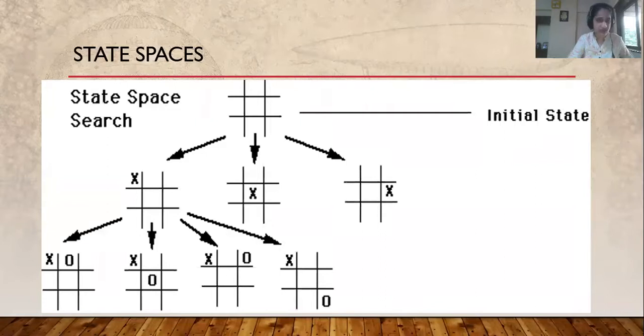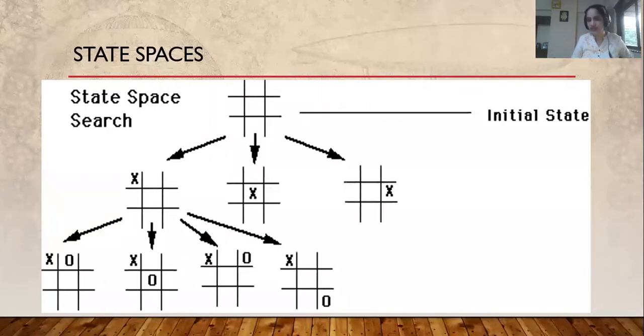Now, students, if you look at the diagram, it is a tic-tac-toe, and the initial state, in this case, is completely blank. Let's say one player is starting and has been given X. Of course, limited possibilities are shown, but you can visualize the first level of possibility. From this initial state, how many different states are possible?